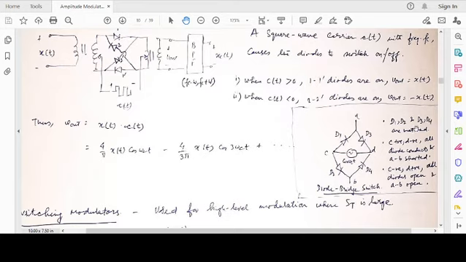One such component is some constant times x(t) cosine omega c t. You have a bandpass filter centered around fc with a bandwidth of 2W, which only filters out this signal. All other signals are discarded. Henceforth the output is x(t) cosine omega c t.